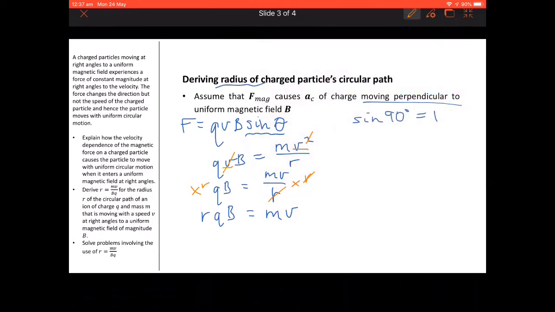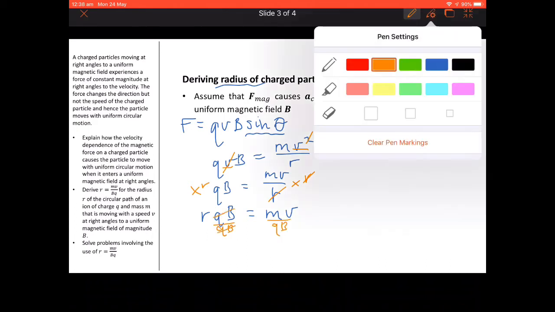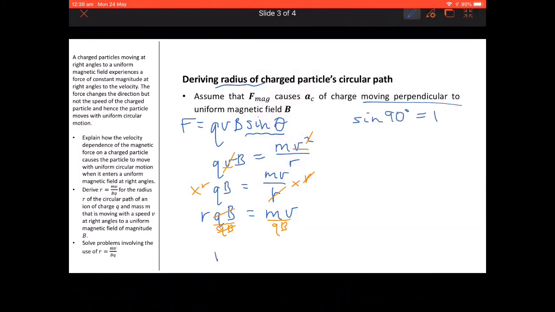And then our final step is to divide both sides by QB. These QB's will cancel and we'll be left with radius is equal to mass times velocity divided by charge multiplied by the magnetic field strength. And that is how you derive that equation.